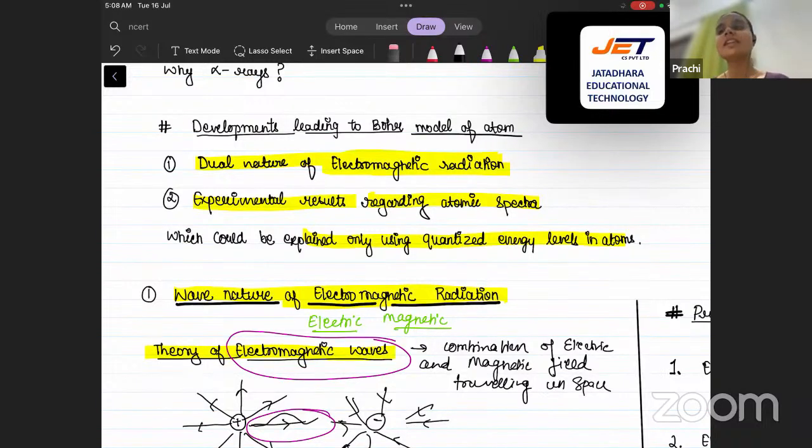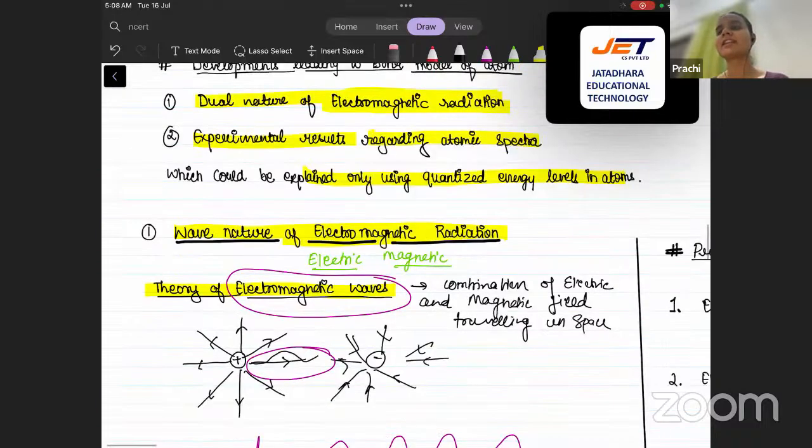When I say dual nature, then it means that we will be learning that light has two natures, that it behaves as a wave and it also behaves as a particle. And what are the electromagnetic radiations and how are they generated? That we have learned in the last session. So what did we learn in the last session about the wave nature of the electromagnetic radiation?